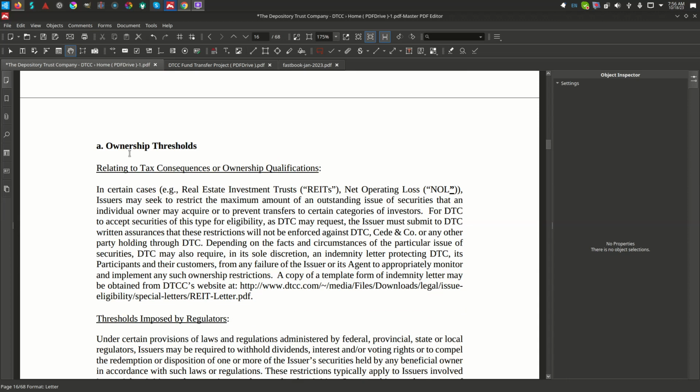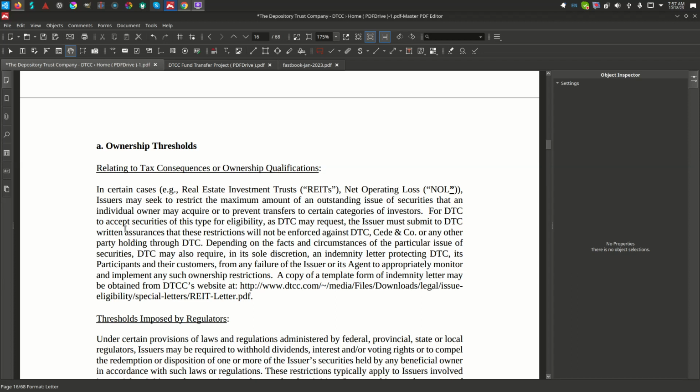Item 7 talks about ownership thresholds relating to tax consequences of ownership qualifications. In certain cases, e.g., real estate investment trusts (REITs) and net operating losses (NOLs), issuers may seek to restrict maximum amounts of outstanding issued securities that an individual owner may acquire or to prevent transfer to certain categories of investors.